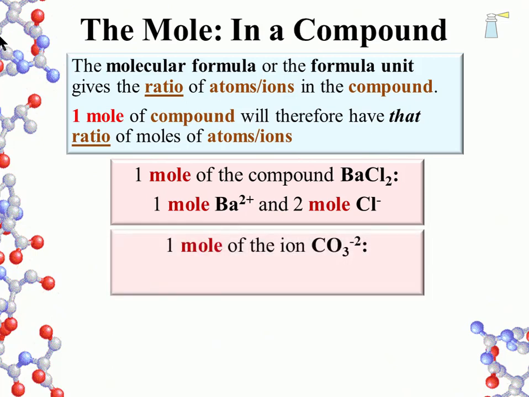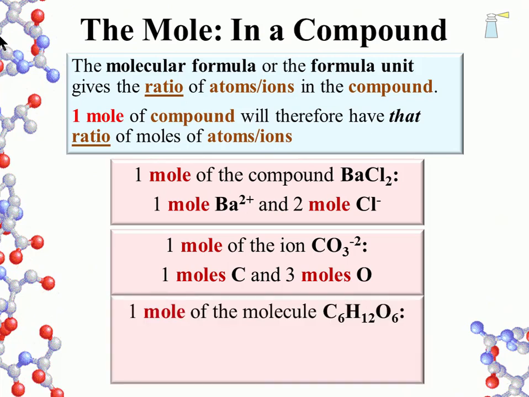1 mole of the polyatomic ion CO3 2-, carbonate, will have 1 mole of carbon atoms and 3 moles of oxygen atoms. The 2- charge plays no role here. 1 mole of carbonate has 4 moles of atoms. 1 mole of the sugar molecule C6H12O6 will have 6 moles of carbon atoms, 12 moles of hydrogen atoms, and 6 moles of oxygen atoms.